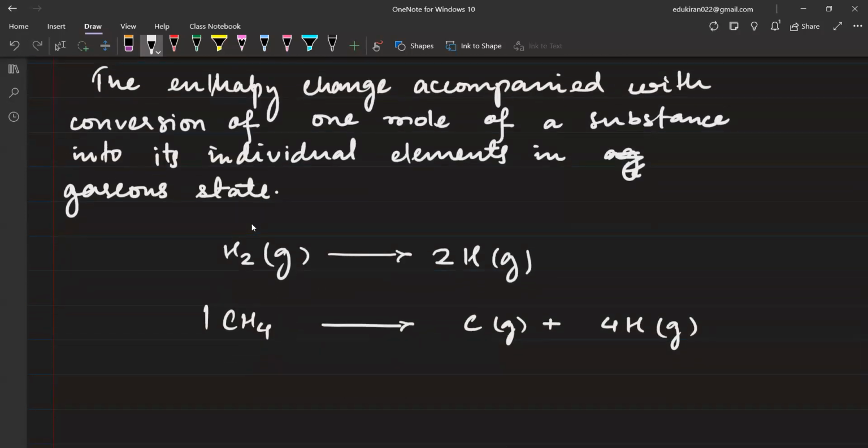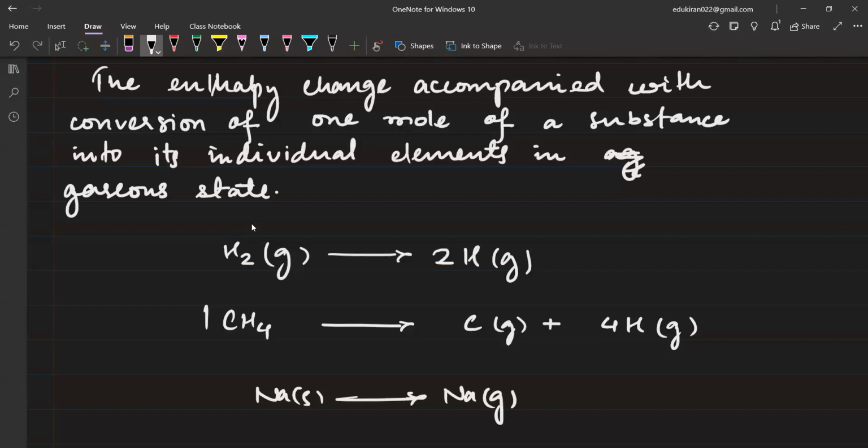Similarly, sodium solid. Sodium is a metal. Metal को आप लोग का क्या करना है? You have to melt it to gas and vaporize it to gas, sodium gas. So this is different. If you have H2, then 2H; CH4 है तो C gas and then 4 hydrogen. So into its individual atoms in the gaseous form.